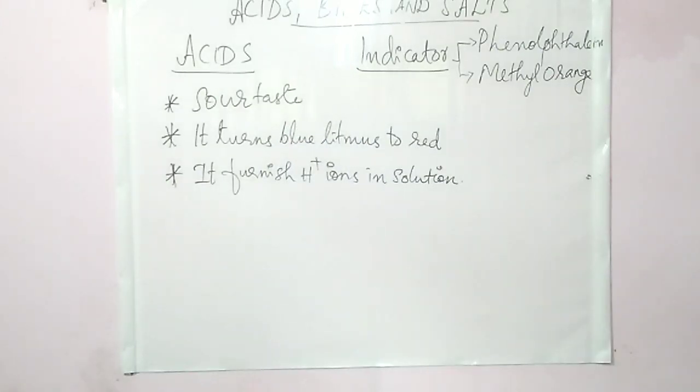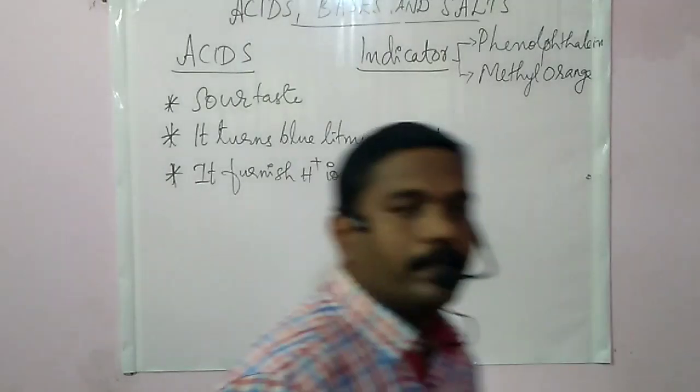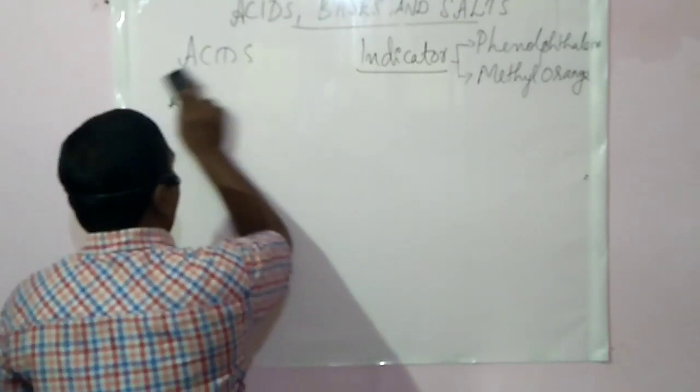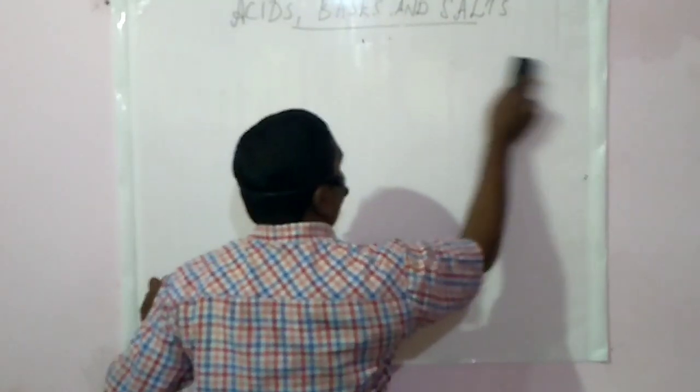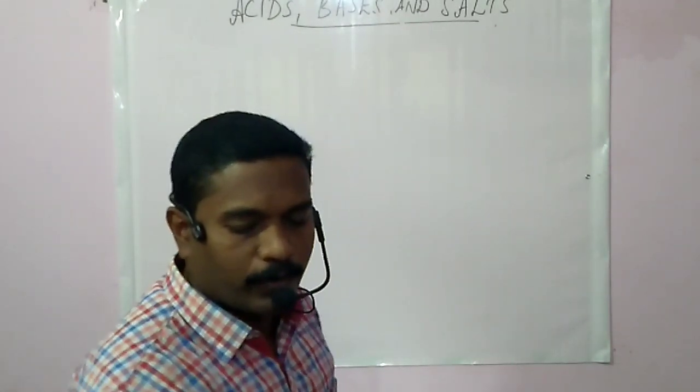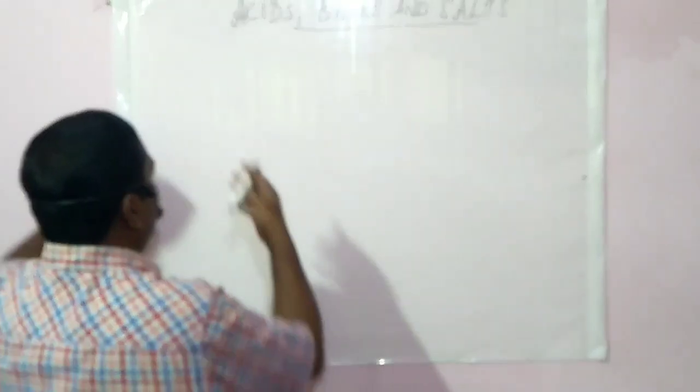So here, let us tabulate. What's the first column? Sample solution. And what's the second column?